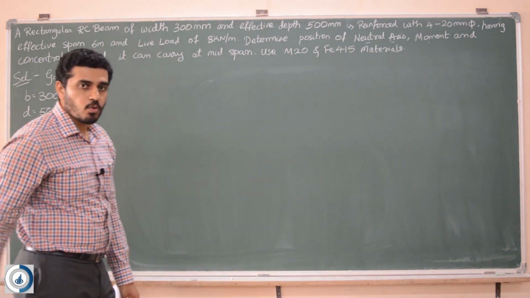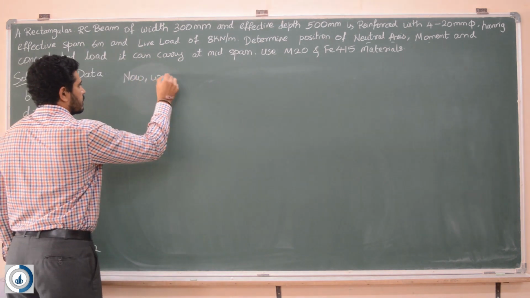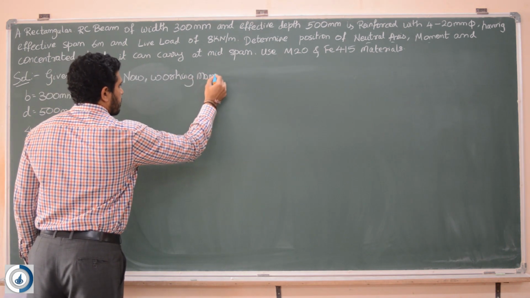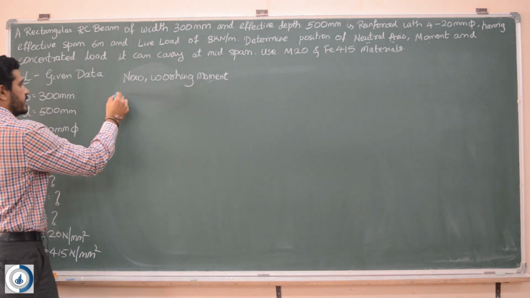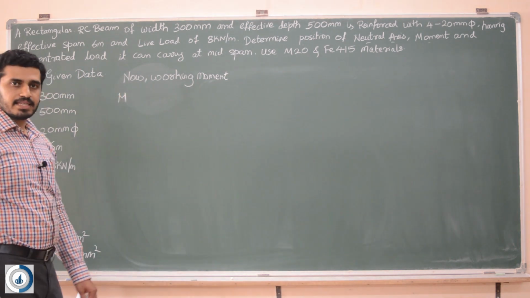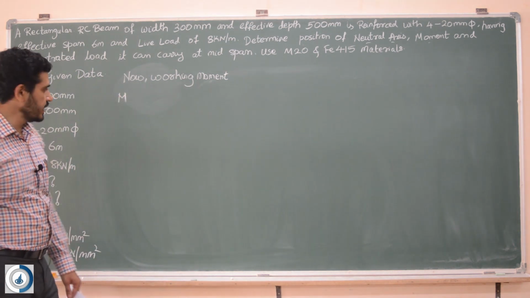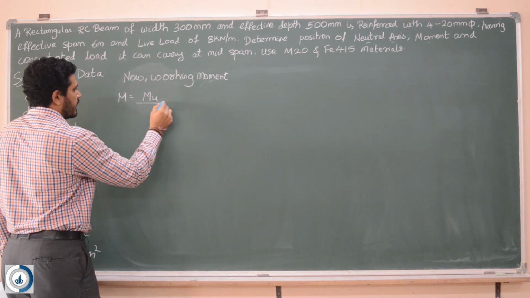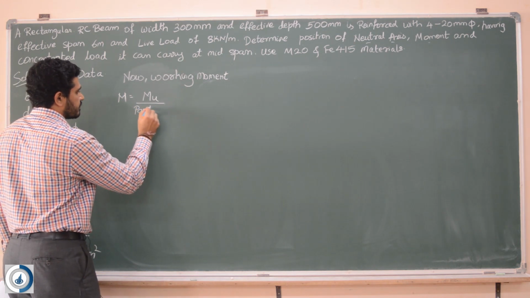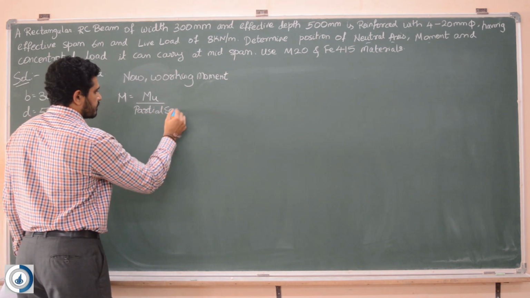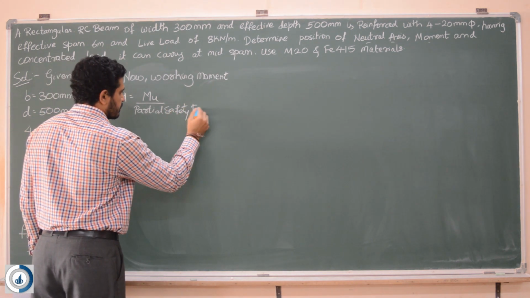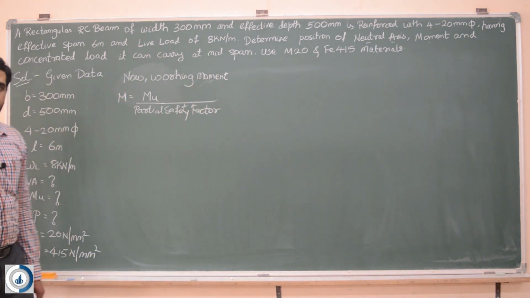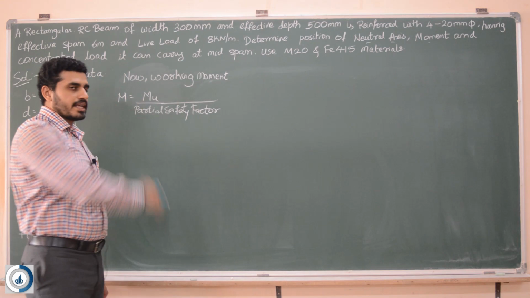Now we will calculate the working moment, and we will denote it as M. The previous Mu was the ultimate moment. Now the working moment is calculated as Mu divided by the partial safety factor.